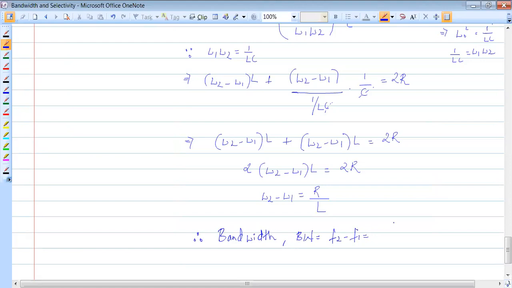If omega 2 minus omega 1 is R by L, what is f2 minus f1? Anybody there who can unmute and tell me that? Okay, see here, it is R by 2 pi L. So this is your bandwidth, f2 minus f1.